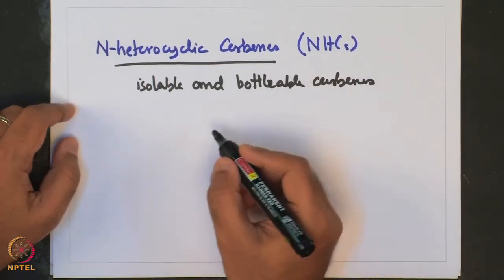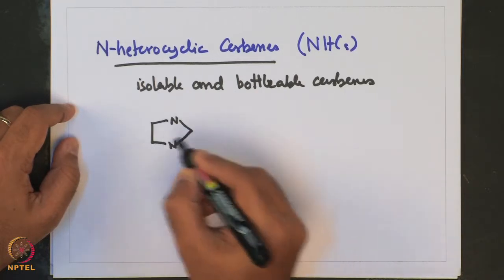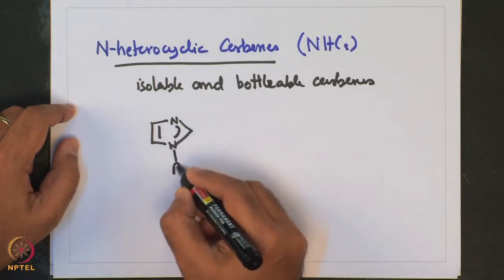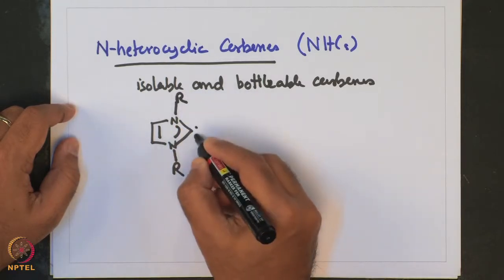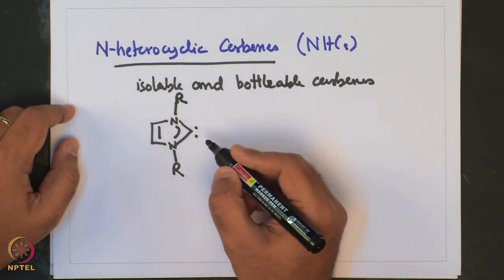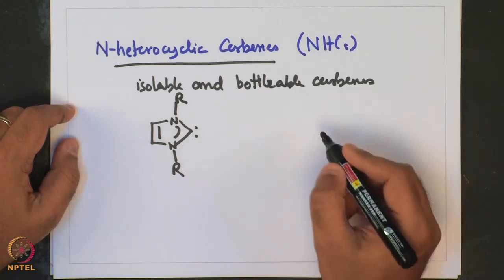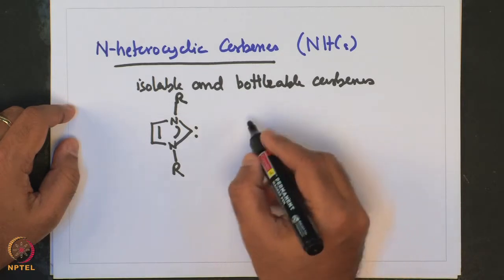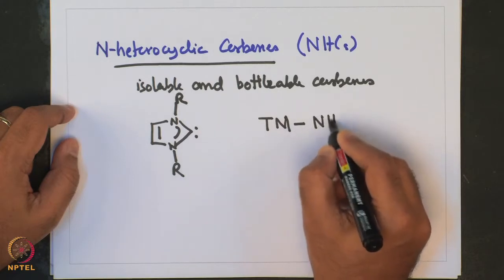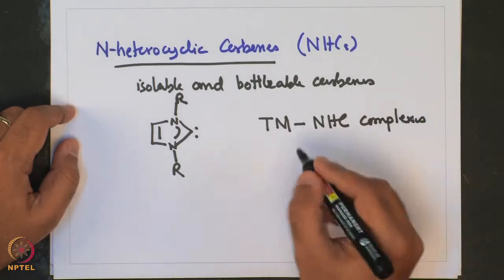These were first prepared by Arduengo, and they contain an imidazole based ring with substituents on the nitrogen atom and a free carbene lone pair. It turns out that these carbenes, when complexed to a metal, show remarkable catalytic properties, and that is why transition metal bonded NHC complexes have gained catalytic prominence.